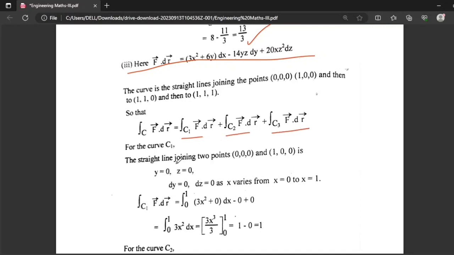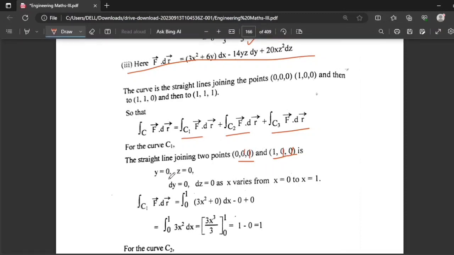For C1, the straight line joining the 2 points 0, 0, 0 and 1, 0, 0, y is 0 and z is also 0. So dy is 0 and dz is also 0, and x varies from 0 to 1.